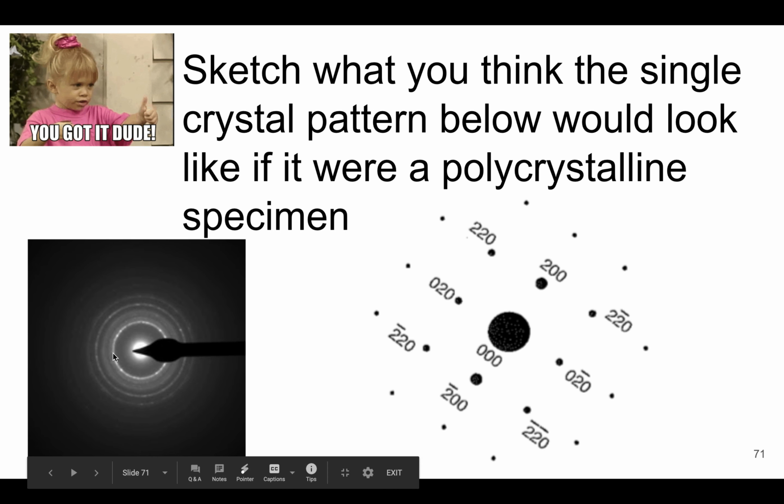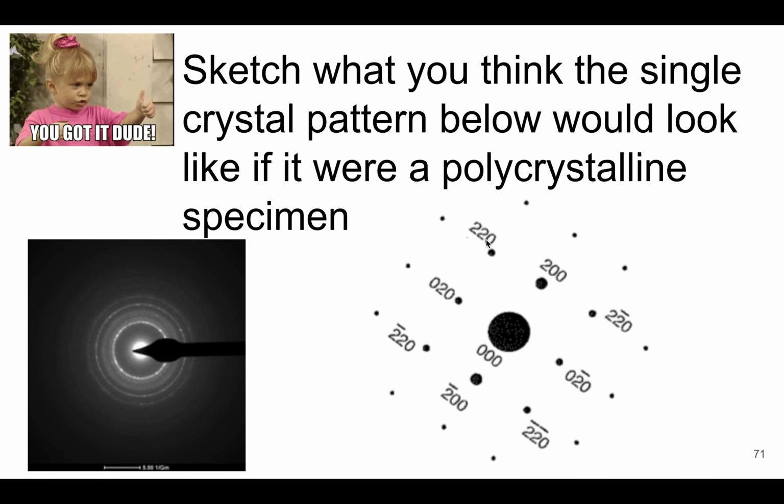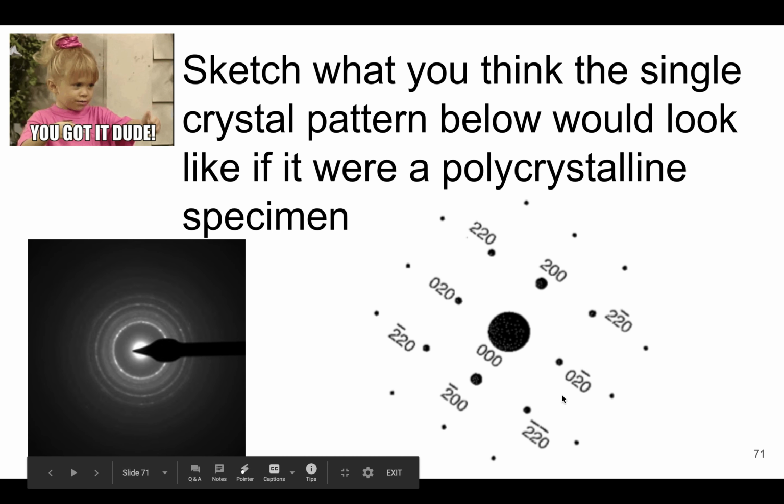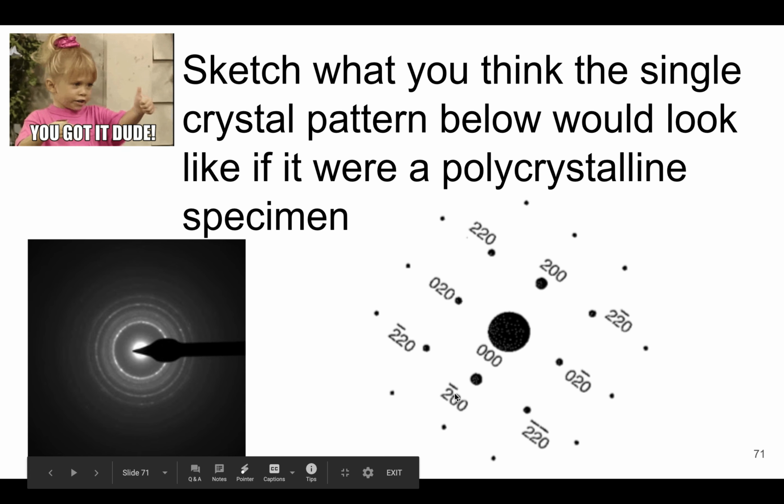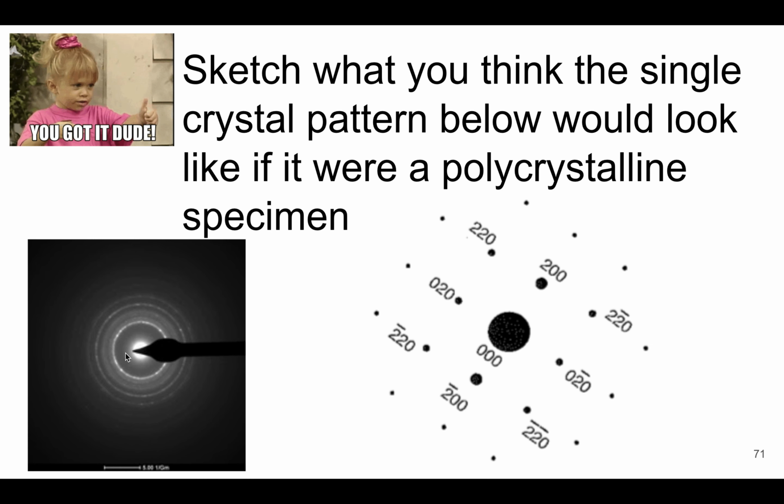So each one of these rings corresponds to a set of these. The 220 set of HKL planes, which would obviously include all the negatives that we see here. Same thing with the 200, we would really have any of the 200 types, like the negative or bar 200. And that's what we see in a polycrystalline sample.